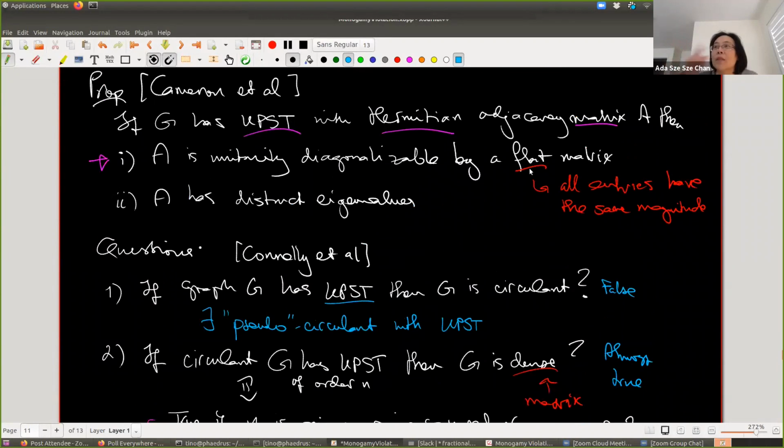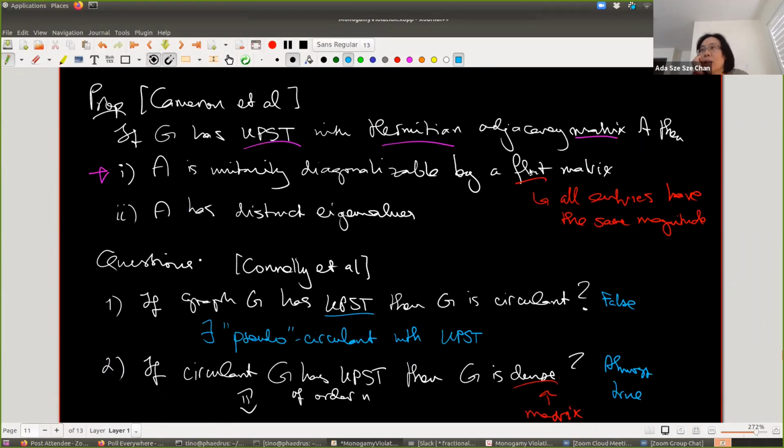Finding a flat type 2, you just take a complex Hadamard matrix, right? And finding Hermitian matrices that have distinct eigenvalues is easy, right? You just take the columns, take the projection, and take the linear combination, then you can basically manufacture your A. So if I have such a matrix, what do I need to check to see if it has the UPST?